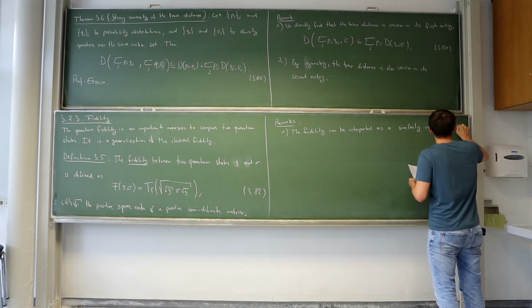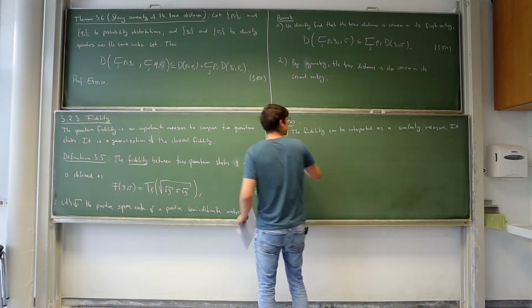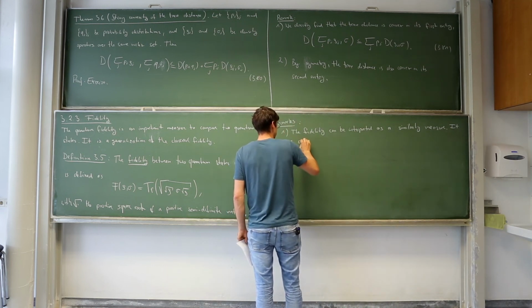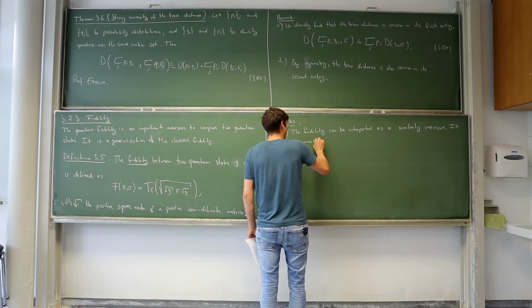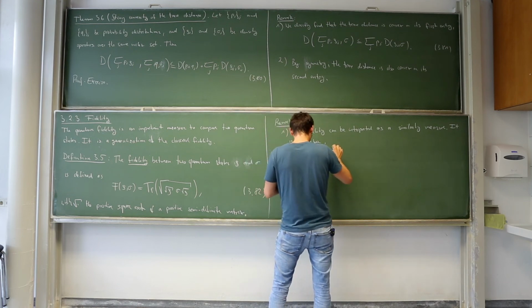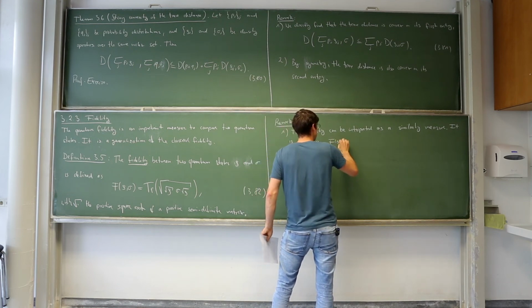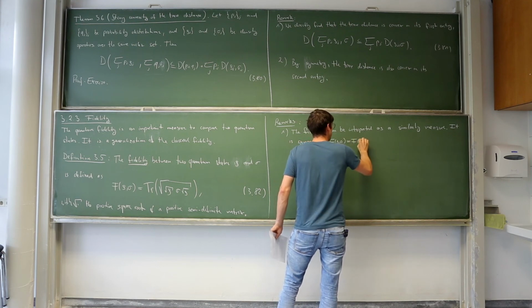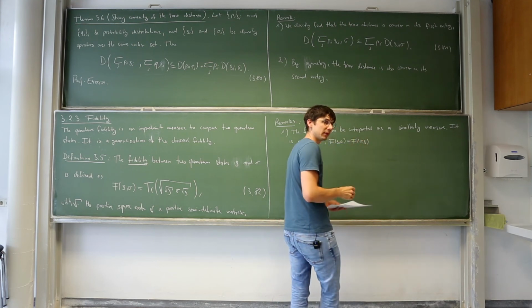It is symmetric, meaning that F of rho sigma is equal to F of sigma rho. We will see this in a bit.